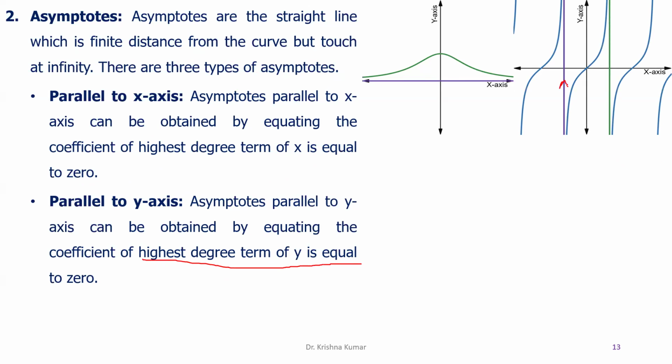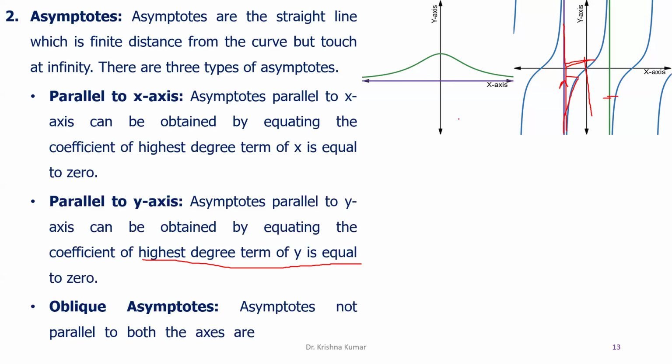So this is one line, or asymptote, which is parallel to the y-axis, and it is at a finite distance from the given curve, but it touches at infinity. Similarly, this is also an asymptote for the given curve.